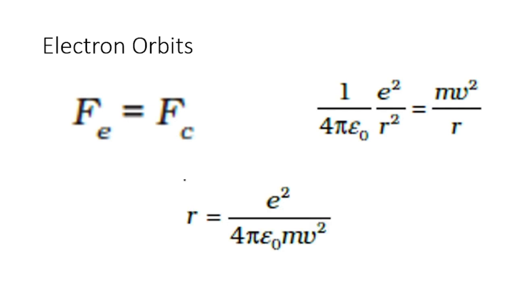Solving for the orbit's distance, r equals e square divided by 4 pi epsilon naught m v square. In these equations, m is the mass of an electron, v is the velocity, e is the charge, and r is the orbital distance, or radius.